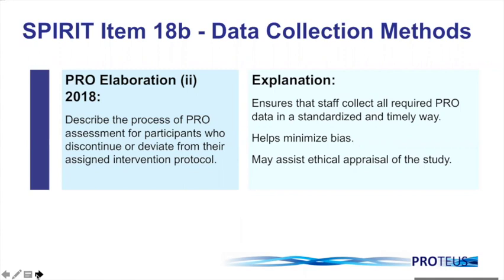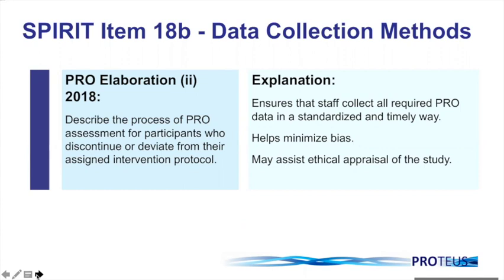So the reason why this is really important for PROs is that sometimes, I'll give you an example from cancer, which is what I'm familiar with. Often the treatments that we give patients are quite toxic. And certain patients may have quite an extreme toxic reaction, and it's no longer safe to keep them on the treatment.